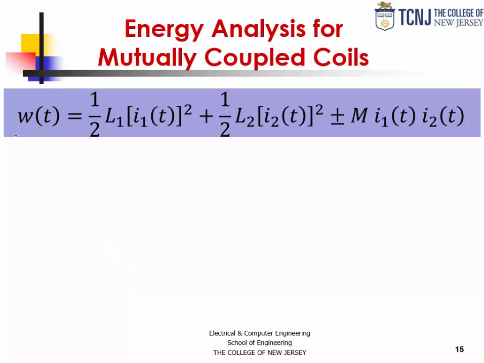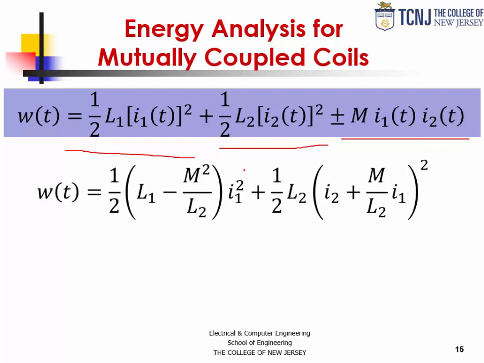And this is the final unified equation for the energy stored in two mutually coupled coils. We have the primary energy, the secondary energy, and the energy due to the mutual inductance.